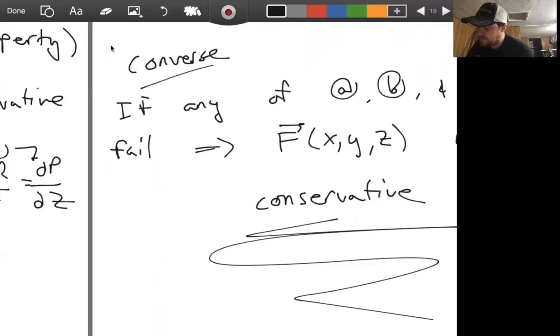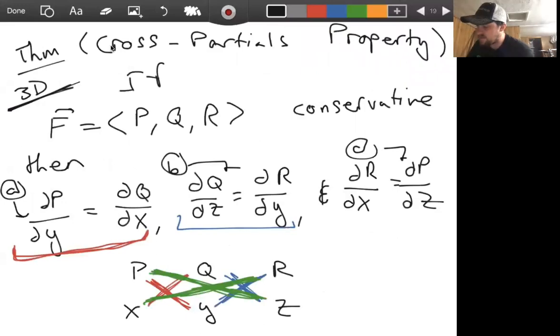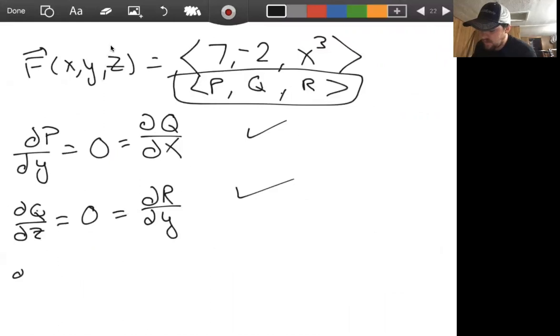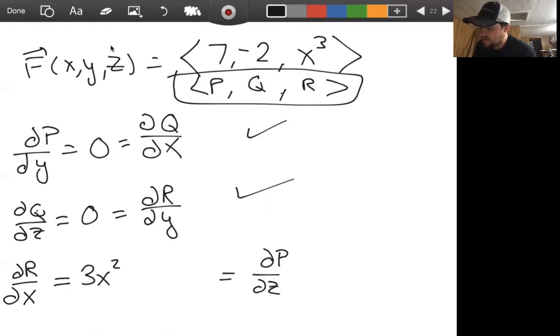What about the last one? The last one is dR dx and dP dz. So dR dx is 3x squared. However, dP dz is 0. And these are not equal when x is non-zero.